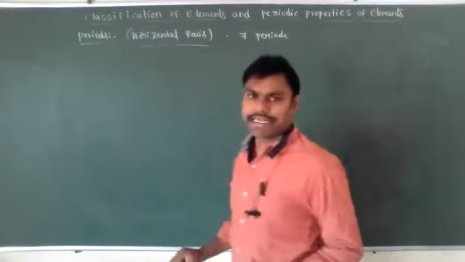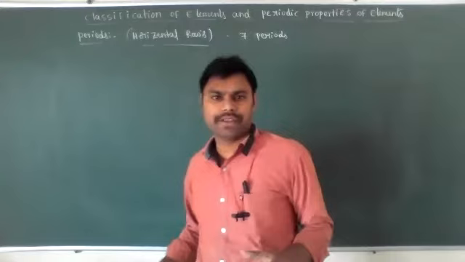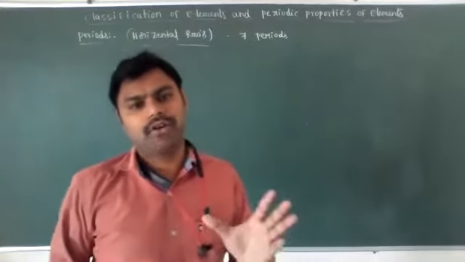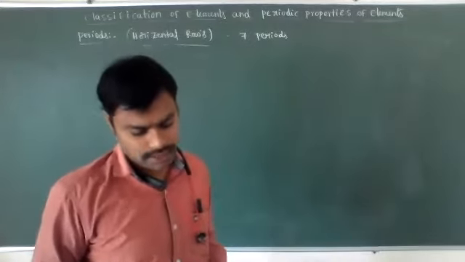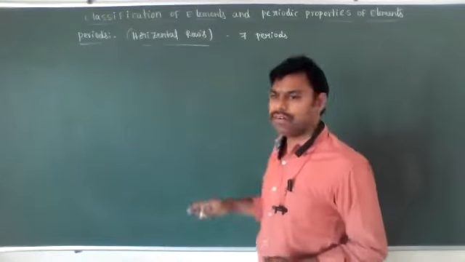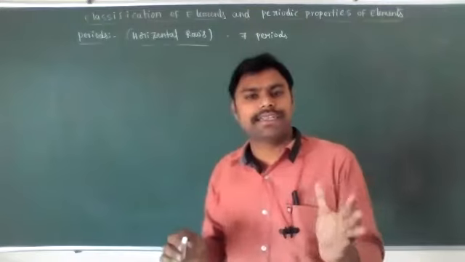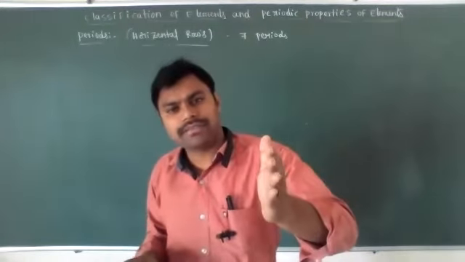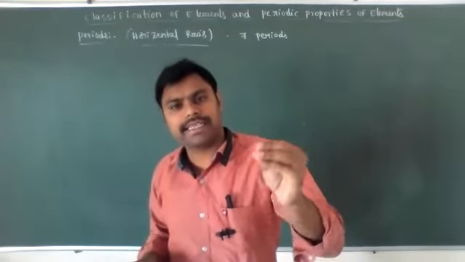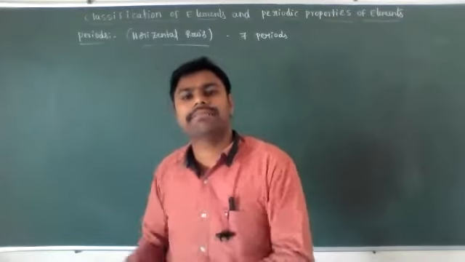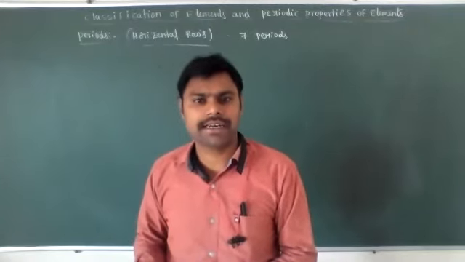In the 7 periods, the first period has only 2 electrons.